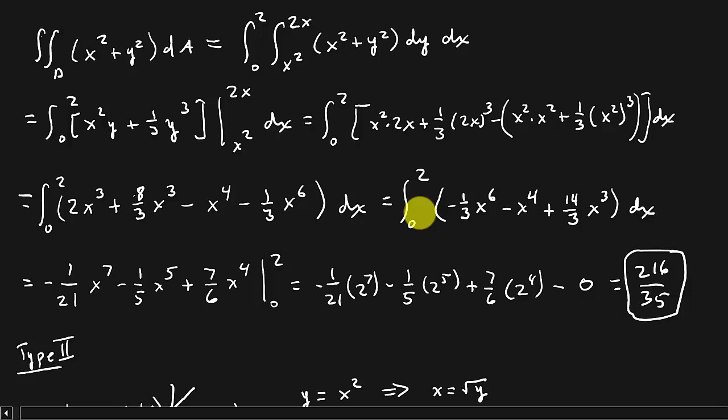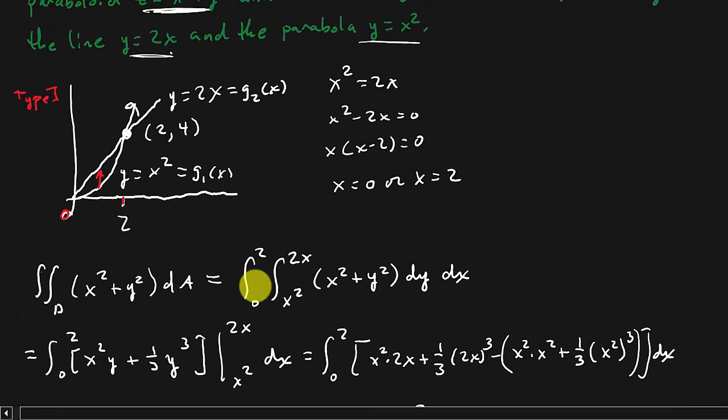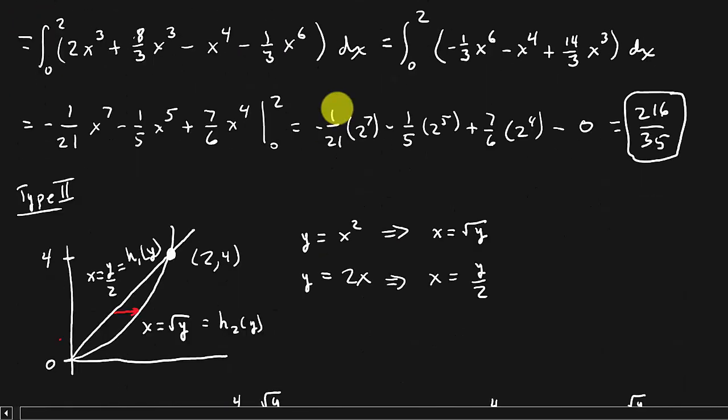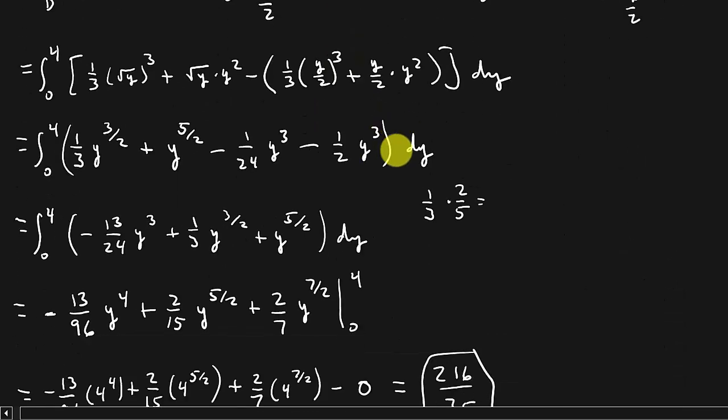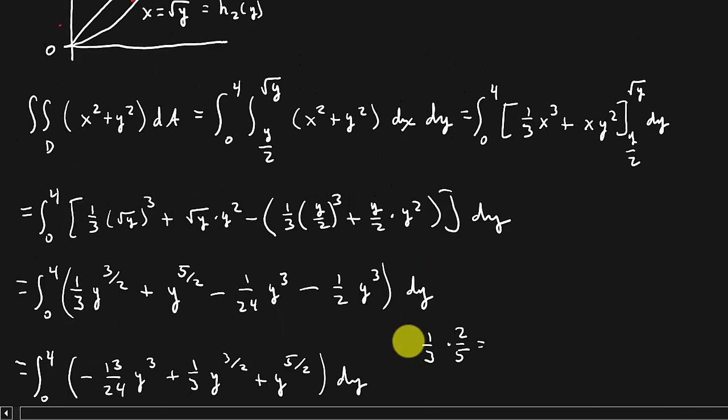I mean, in this case, they were kind of similar, but I would have to say probably the type 1 might have been a little bit easier, seeing as we didn't have to deal with the fractional exponents. Okay, so how do you know?